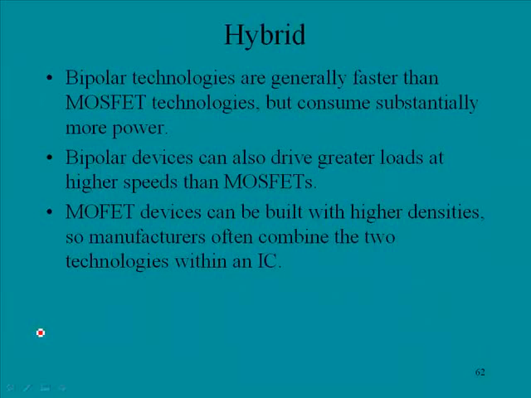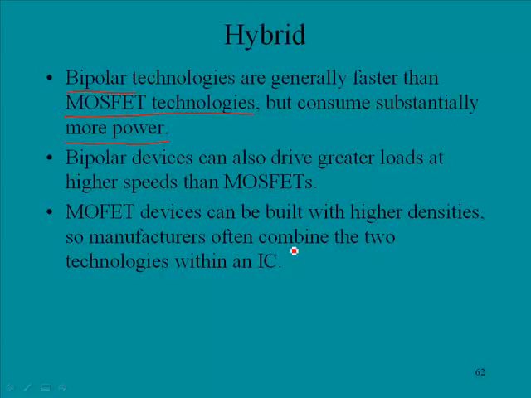Then there are hybrids. Bipolar technologies are generally faster than MOSFET technology, but consume substantially more power. So the bipolars are faster, but they use a lot of power. The MOSFETs are very low current. Bipolar devices also drive greater loads at higher speeds than MOSFETs. So bipolar is more suitable for higher loads. MOSFET devices can be built with higher densities.